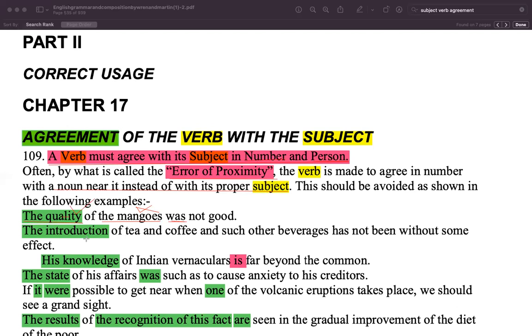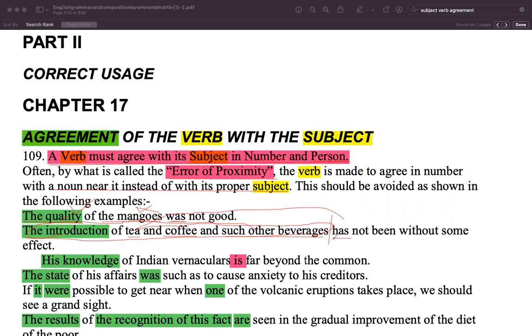So that is what is called an example of error of proximity. Similar to that, the introduction of tea and coffee, right, and such other beverages. Now here you would find the subject is such a long compound or complex one. But at the same time, the verb is called has. Why has? Because it is neither following tea nor coffee nor such other beverage.